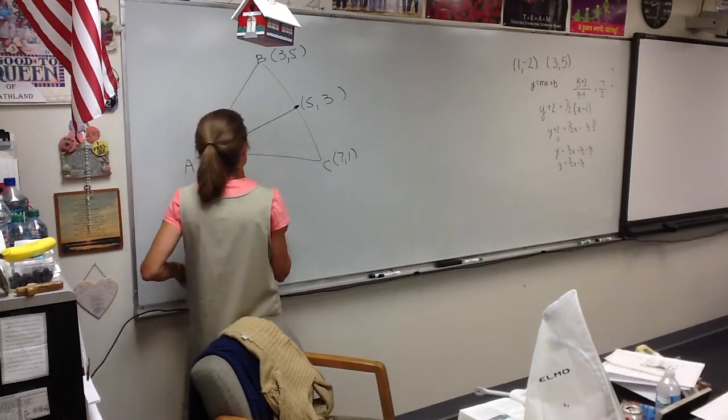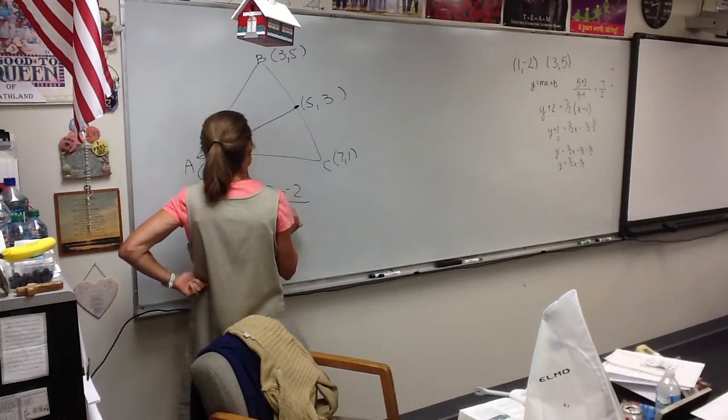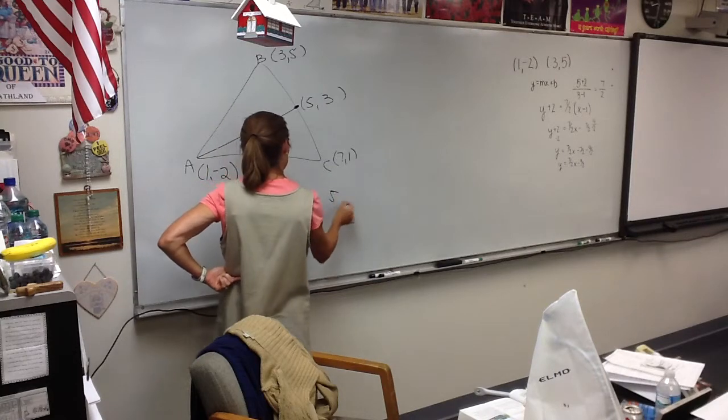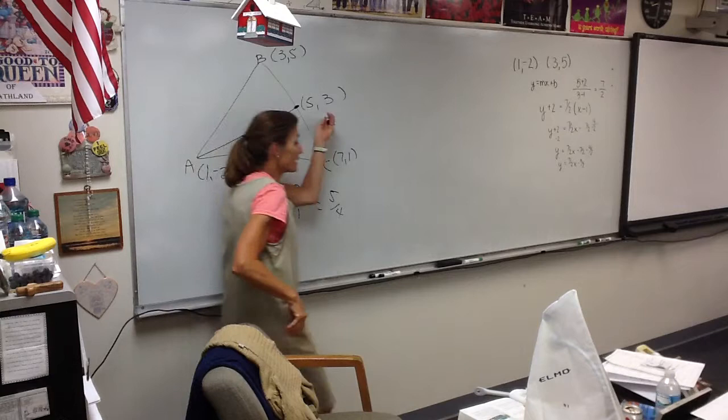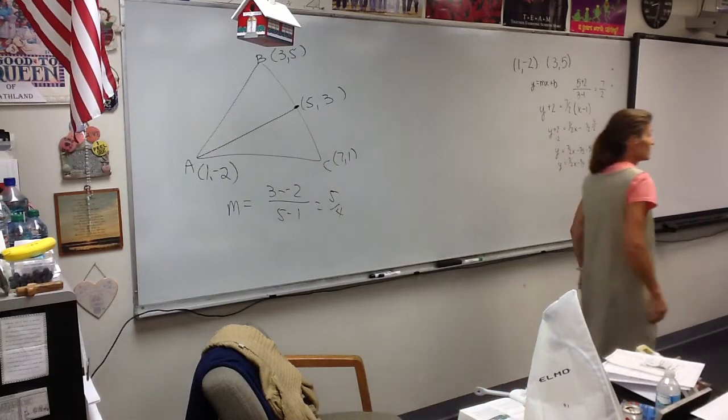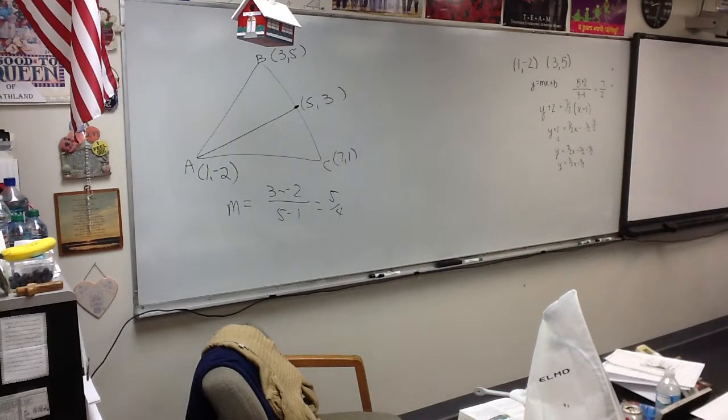I think you did it backwards. I got (5, 3) as my midpoint, did you? Yes. I got 5/4 as my slope. Did you?